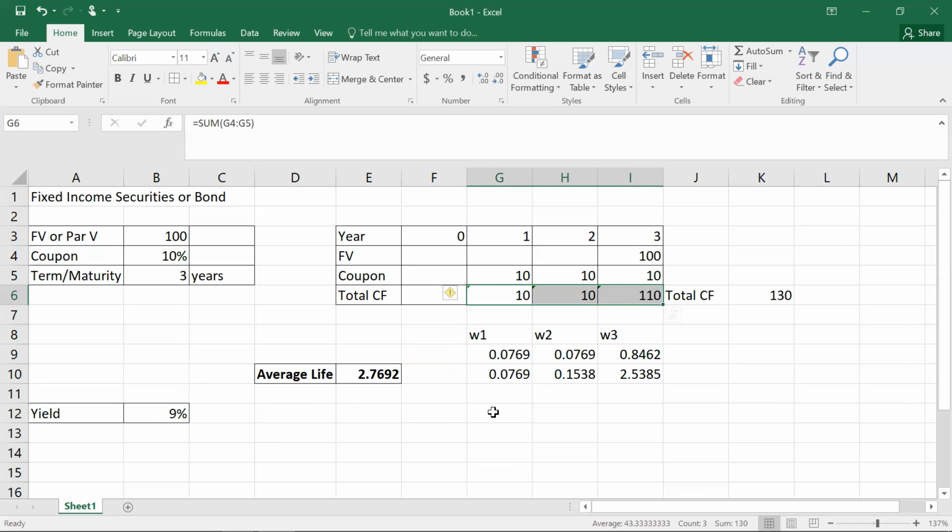So how we are going to discount it? So we will take this cash flow and we are going to discount it using 1 plus 9%. But we are also going to discount it back by 1 year. So from 1 year, we have to bring it back to the 0. Okay, so this is that thing. And again, this yield, we are going to use it across the cell, so we are going to fix it.